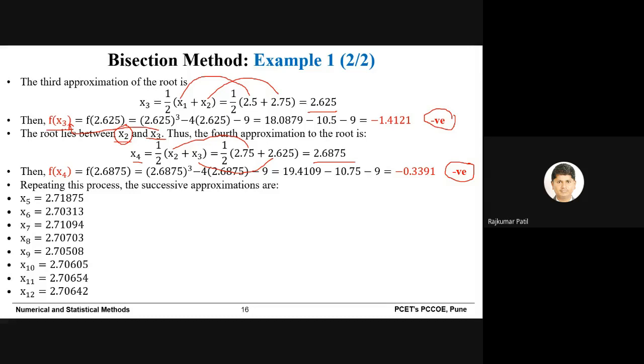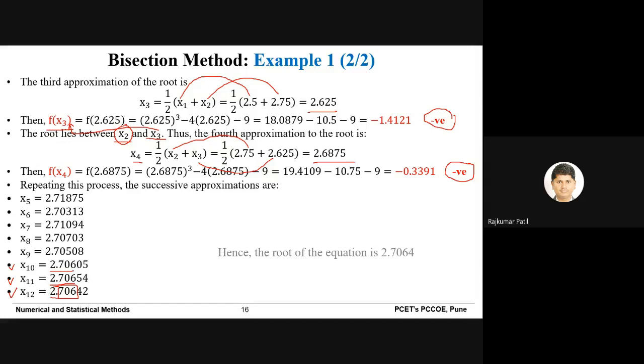So we were expecting the answer up to 3 decimal places. So if you take x10, x11 and x12, then after the decimal point you will find that these three have the same values for x10, x11 and x12.